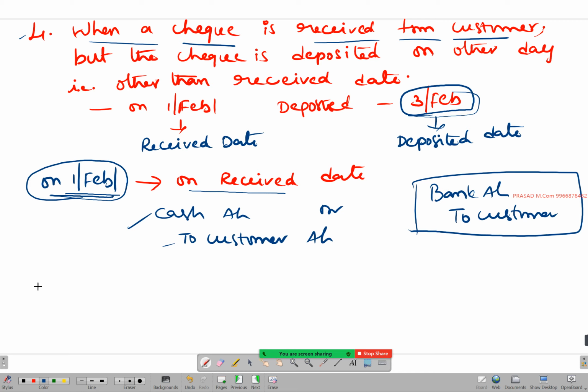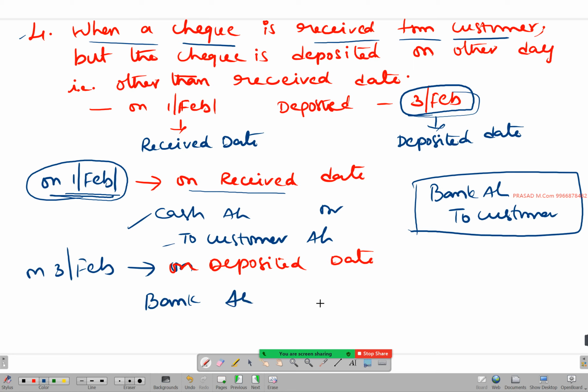So on the date of depositing the check, that is on 3rd February, on the deposited date, we have to write the journal entry: bank account debit to cash account.